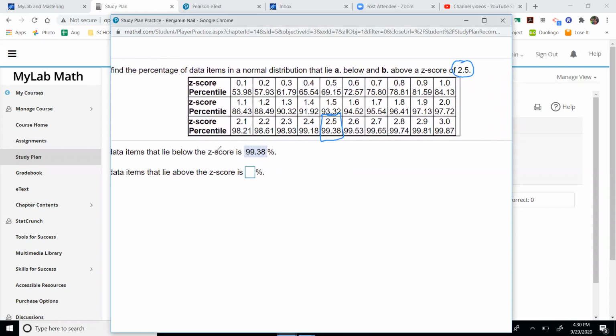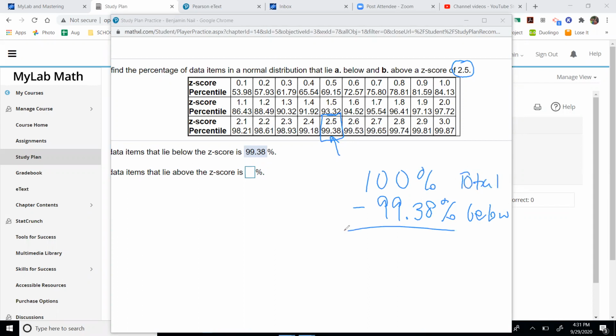Now, if it's asking for the percentage of data items that lie above that z-score of 2.5, the 99.38 percentile is the amount of data that falls below. If we want to find the amount of data that goes above, remember, 100% represents the total.